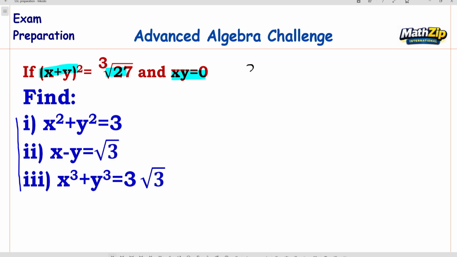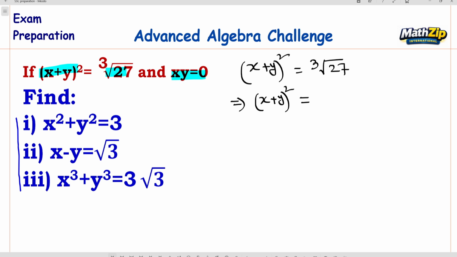First, here is (x plus y) whole square and here is the cubic root of 27, right? So in this case, (x plus y) whole square equals the cubic root of 27.